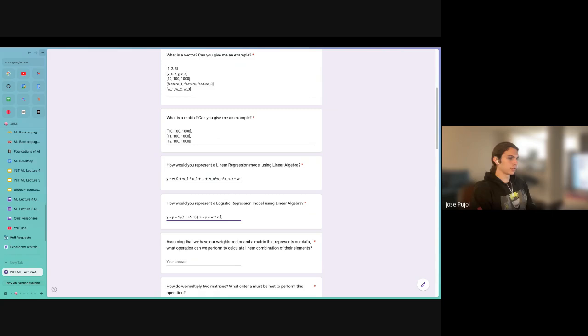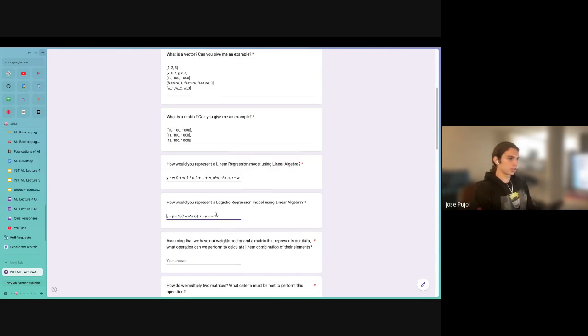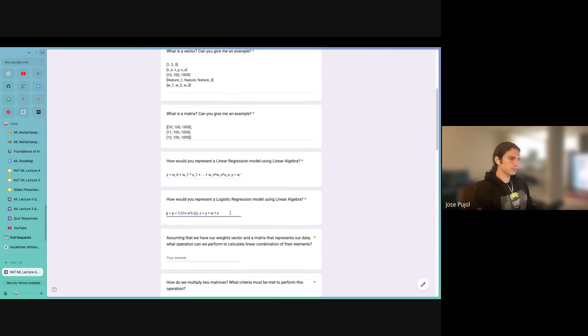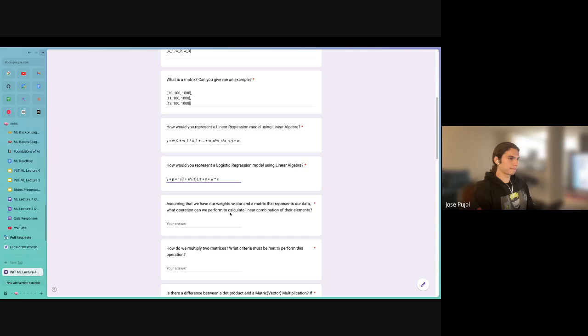It's like a regression model inside this logistic model. The only thing is we're applying a sigmoid function on top of it so that we get our probabilities. Does this make sense so far?